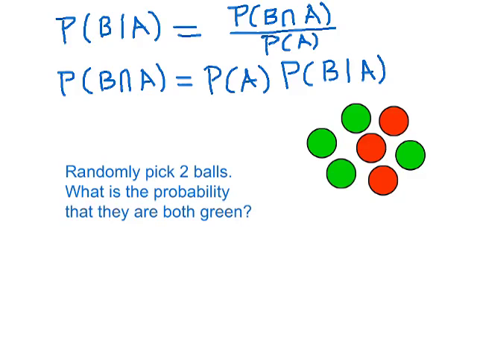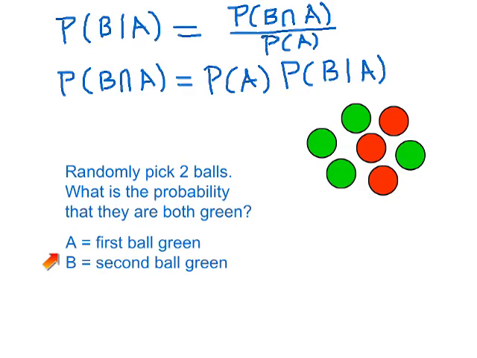Let's think about picking two balls from these 7 colored balls shown here. What are the chances that both of the balls that we pick will be green? Let's apply the equation above to the situation where A represents the event that says the first ball is green, and B represents the event that says the second ball is green.